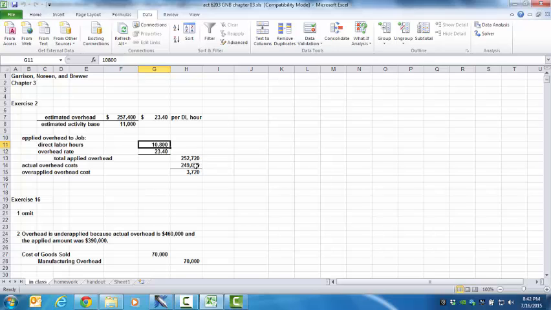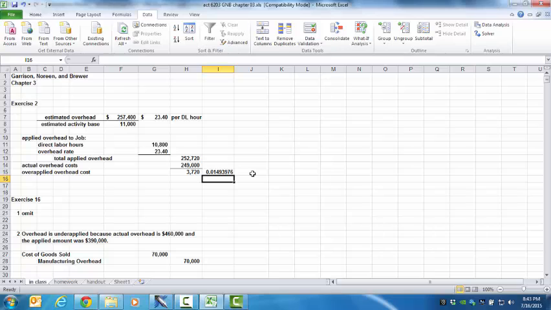Now when I look at the final comparison here, we've estimated 252, but the actual was 249. So we put too much in there. Now, is this good or bad? Well, I'm going to find out. I'm going to take that variance, which we're over applied, and I'm going to express it as a percentage of the actual overhead costs. This comes up to be about 1.5%.